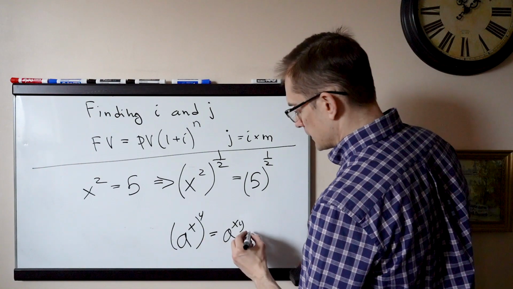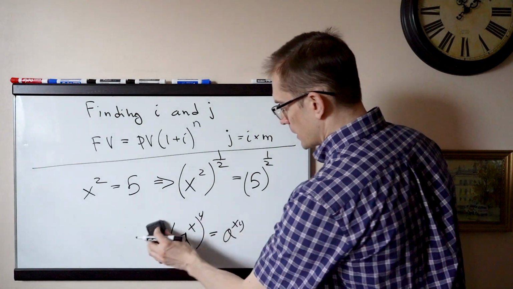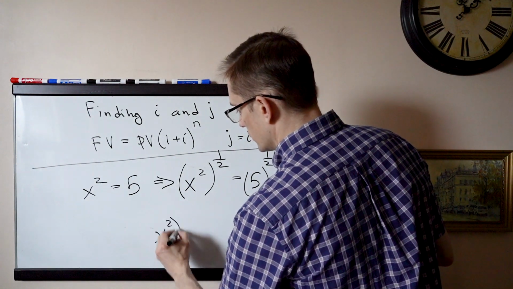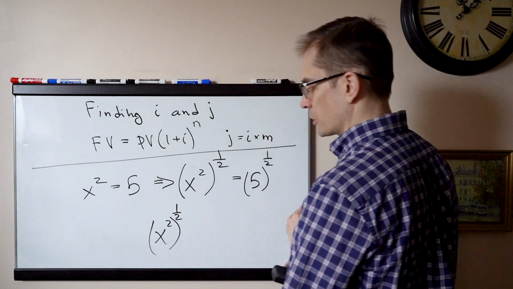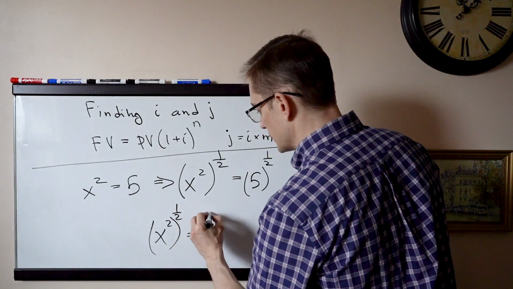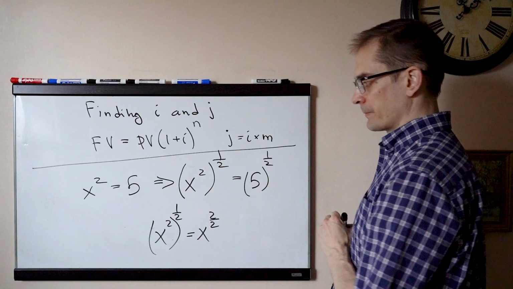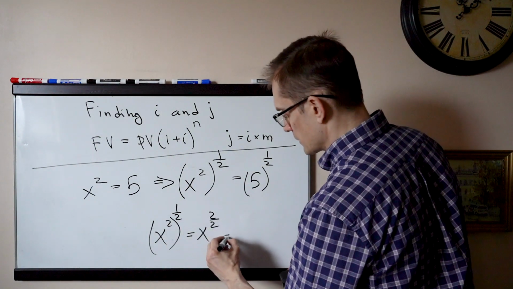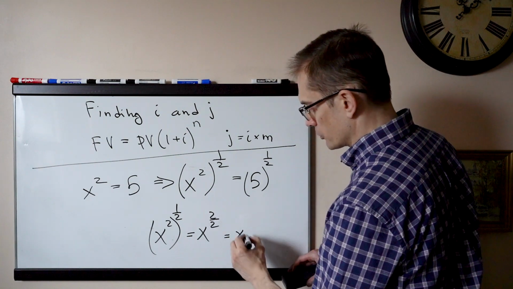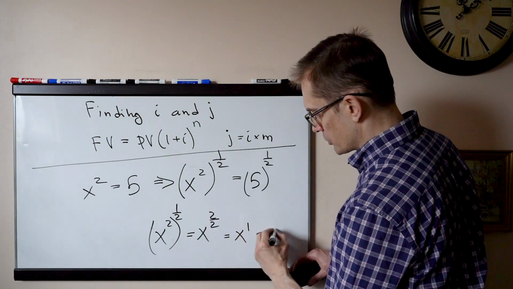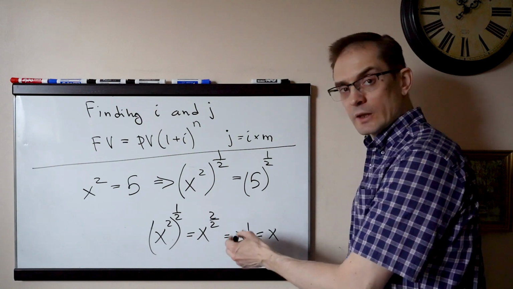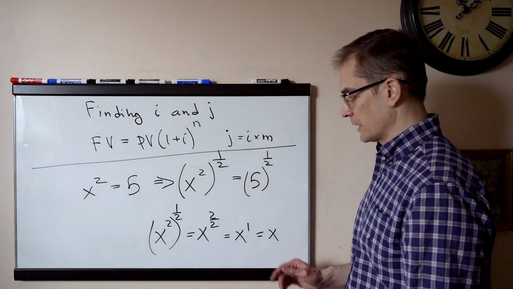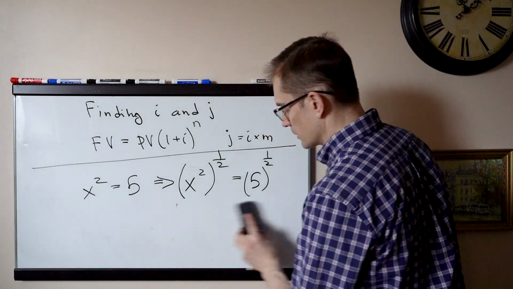So x to the exponent 2, and if I take exponent 1 over 2, that gives me 2 over 2, which is 1. So it's exponent 1, which means take x one time, so x will be left here alone. And that's what we want to achieve.